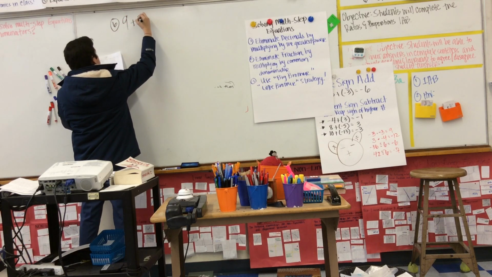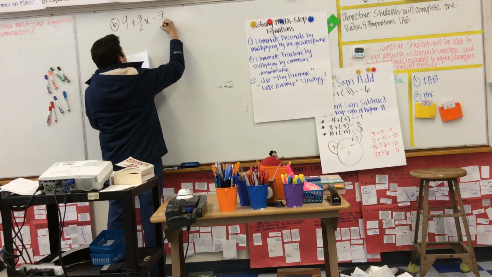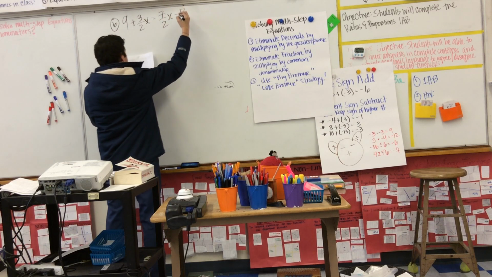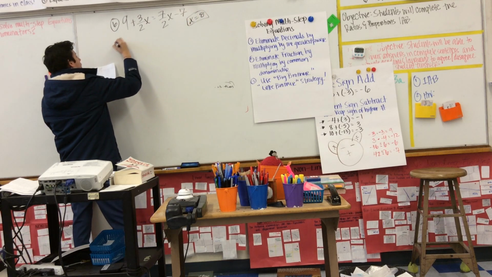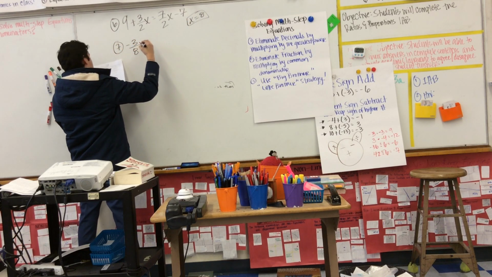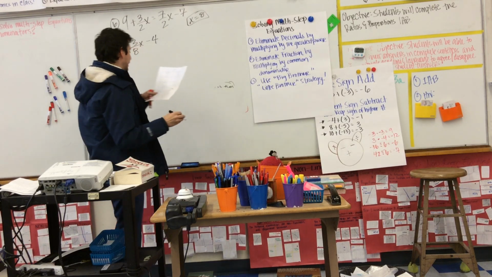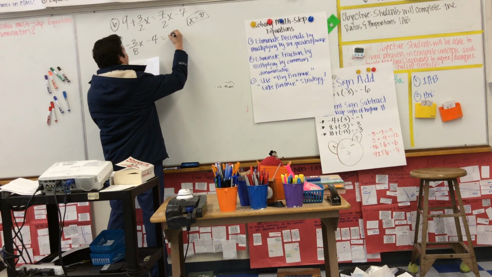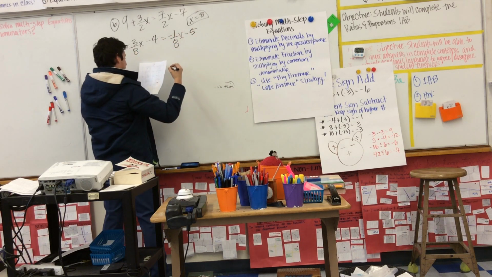9 plus 3/2 x equals 7/2 x minus 7. The answer was 8. Number 7. Negative 3/8 x minus 4. Oh, my hand hurts. Equals negative 1/8 x minus 5.